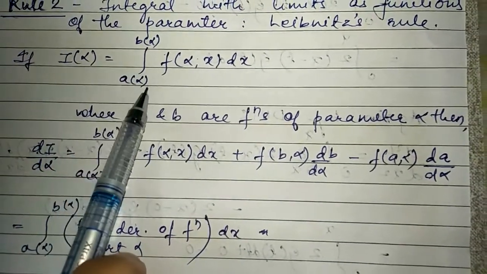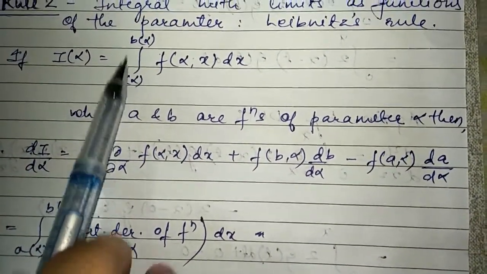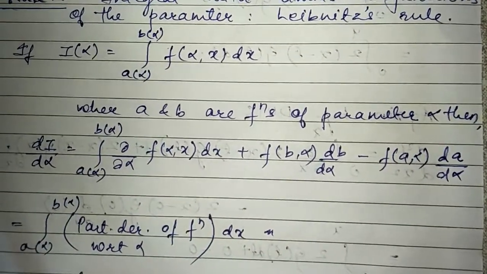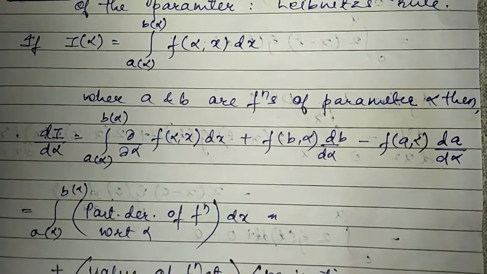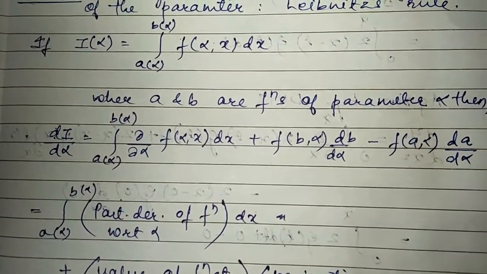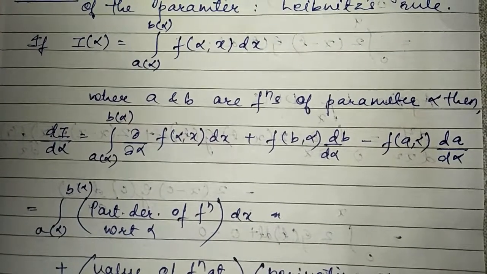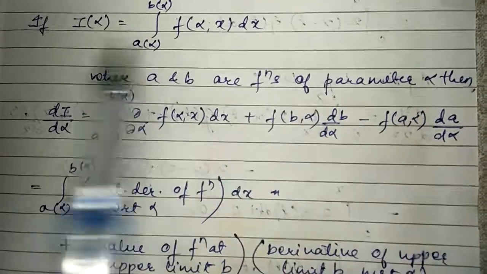Here the limits of integration are functions of the parameter alpha, whereas in the previous one we had the limits as constants. So when the limits are functions of the parameter, how the rule is applicable, we will see that.